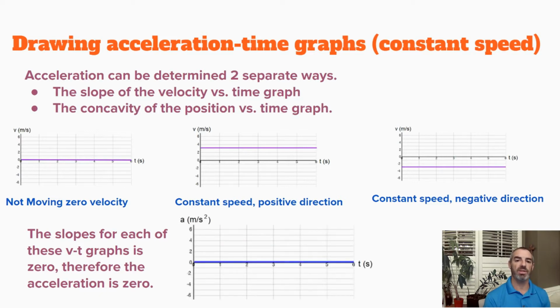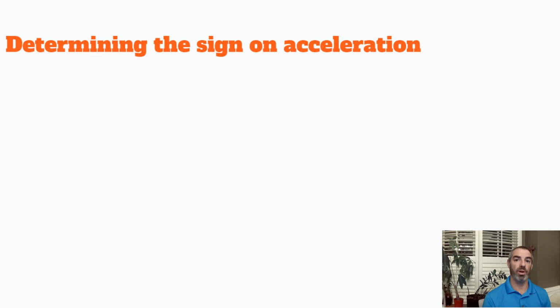So when we graph the acceleration, we sketch the line on the axis. This represents a 0 acceleration. Now this doesn't tell me if it's moving or not. It tells me that the speed or the velocity is constant: a horizontal line, 0 slope, no acceleration. So it's either not moving or it's moving at a constant speed.